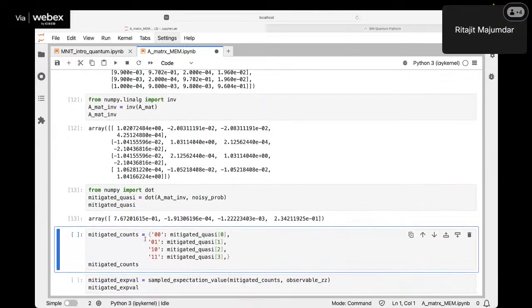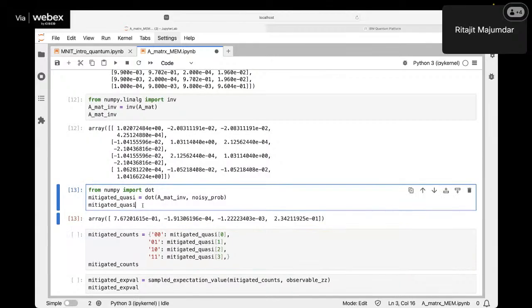This is what we get, right? You see there are negative values. So this is my mitigated quasi-probability. Once more, this makes no physical sense if you want a probability distribution. What you can definitely do is run an optimization, some maximum likelihood or something, to find the nearest probability distribution.